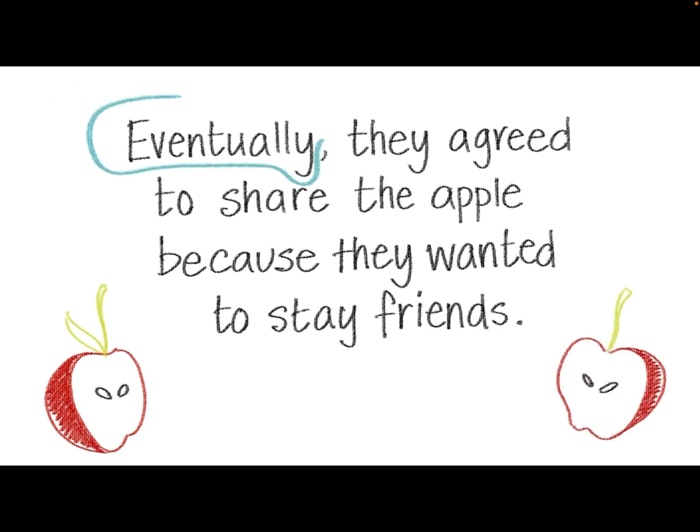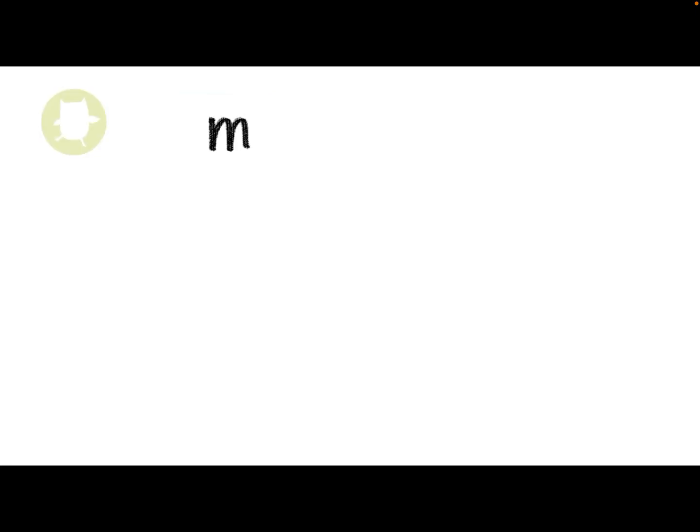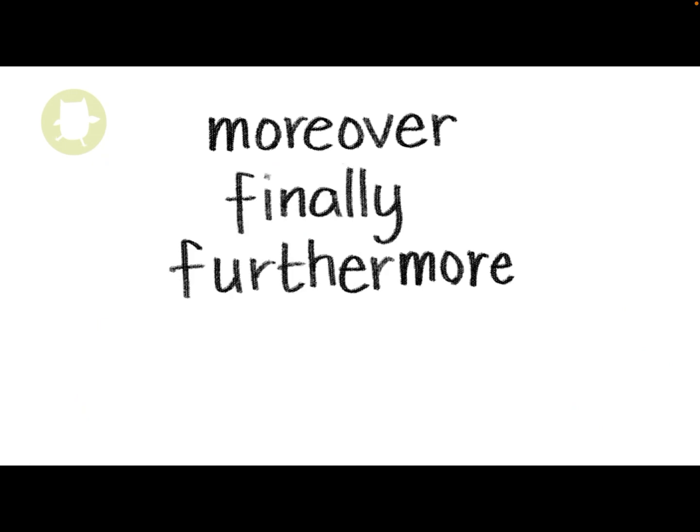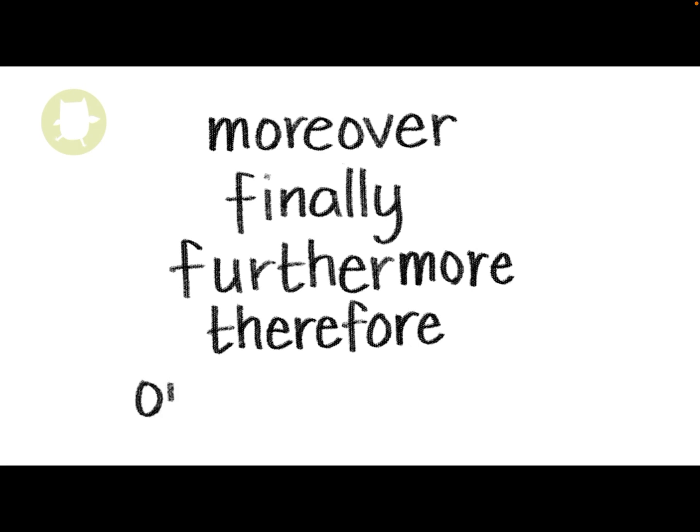The adverb eventually links to a previously mentioned time. The conjunction because links to a reason. Here are more adverbs and adverbials that link to ideas in a previous sentence. Moreover, finally, furthermore, therefore, on the other hand.